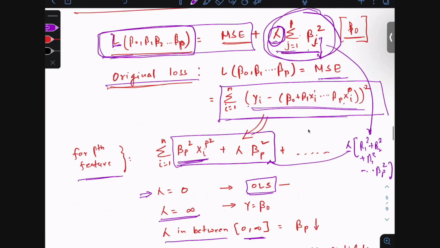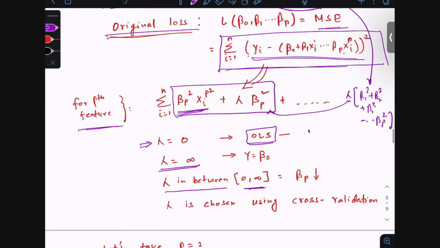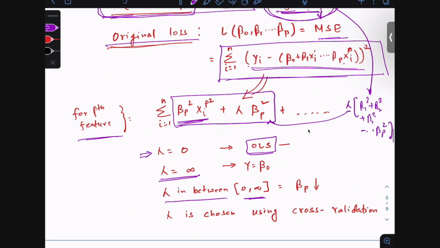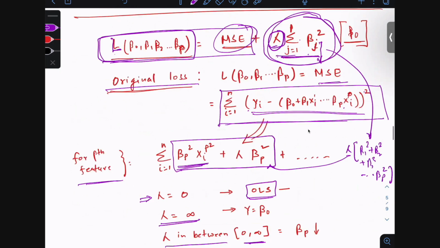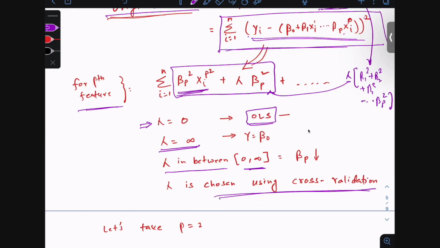So all the beta j's will start decreasing, right? If lambda becomes very, very high, what will happen? This beta j becomes very, very low, right? So they will both go in opposite direction. And how is lambda chosen? Lambda is chosen using cross validation. There is no perfect value for lambda. You choose the penalty based on the cross validation.